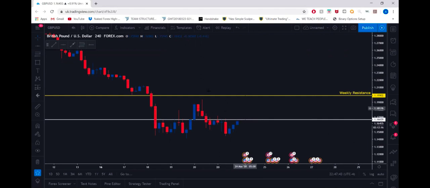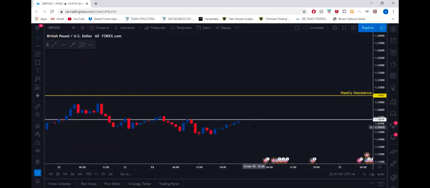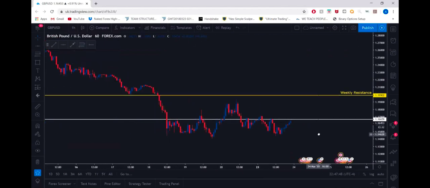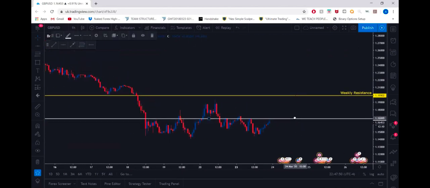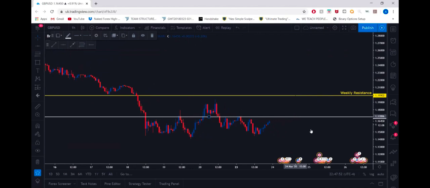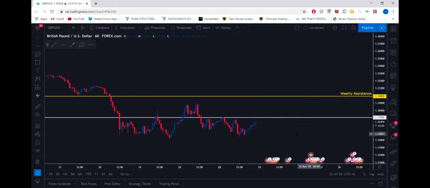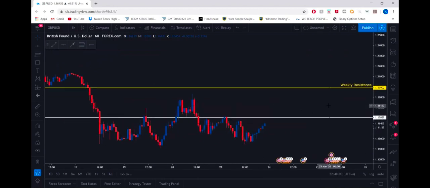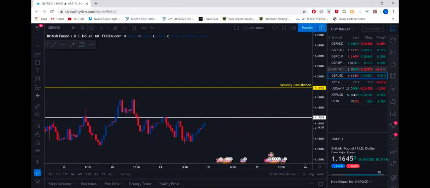Okay, I'm gonna watch this for sure, because we might be getting that momentum back to the upside. Let's just leave it like this and see if we get this breakout that we can catch with a buy stop. Probably for the London session.